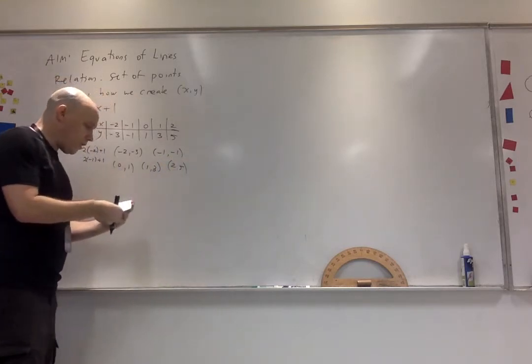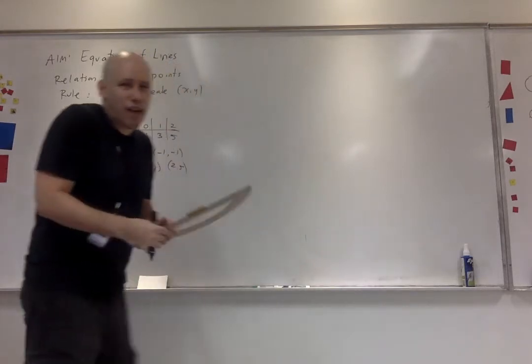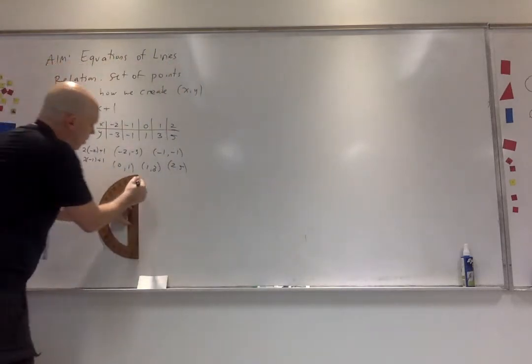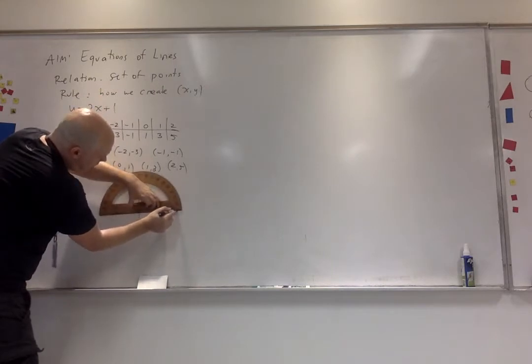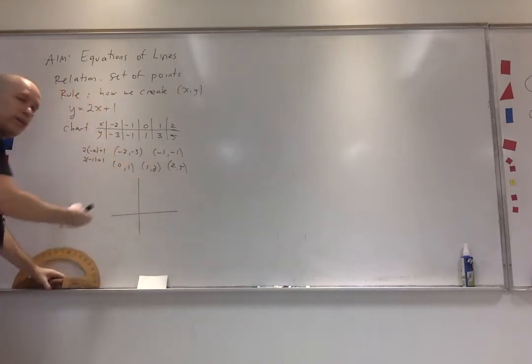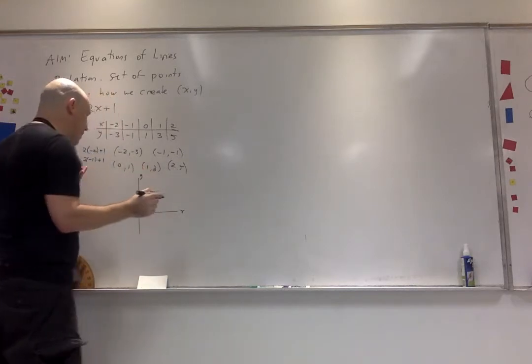And then you plotted these points. I'm going to make a sketch. It's not going to be the best, but it's okay. So you had your graph. This is your x-axis, this was your y-axis.